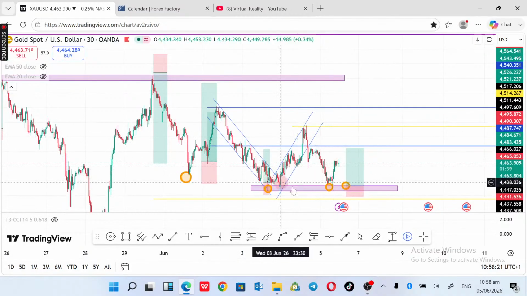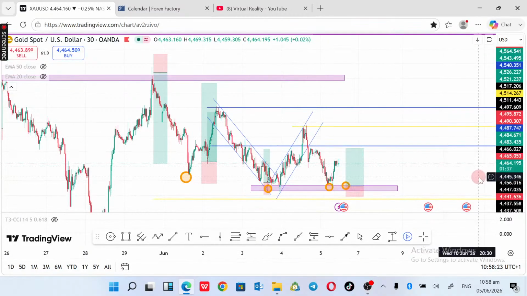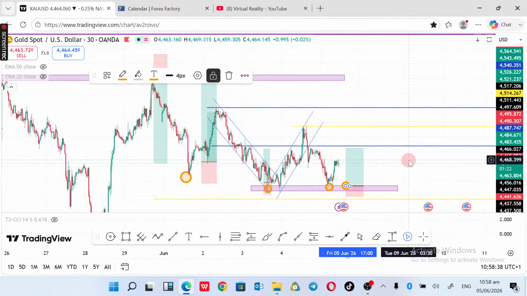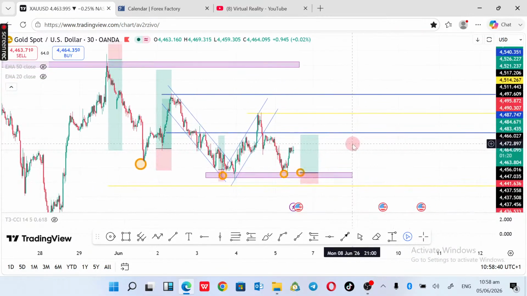That means our focus should be within this range, between 4,447 to 4,486 zone. So what do we expect now? We expect the market to come back here to this zone, then we take a buy. That is for gold for this morning.